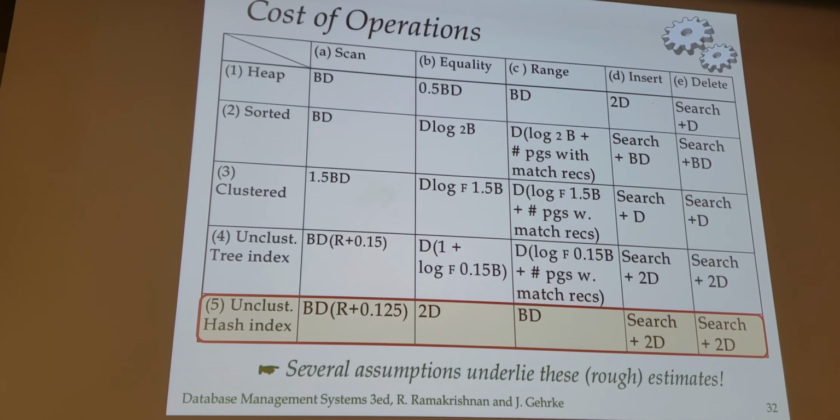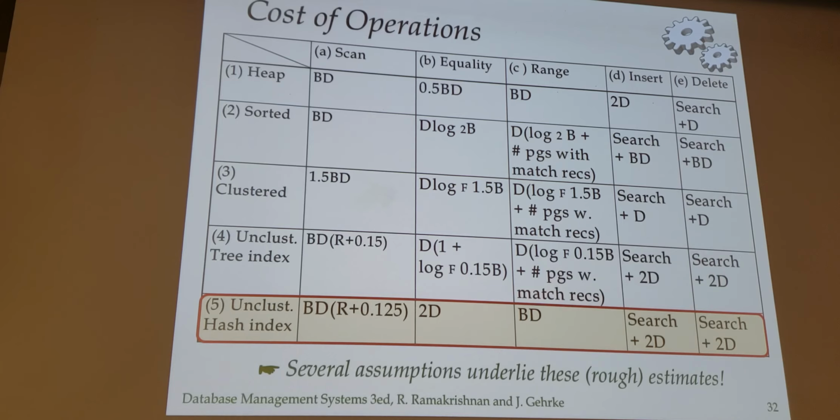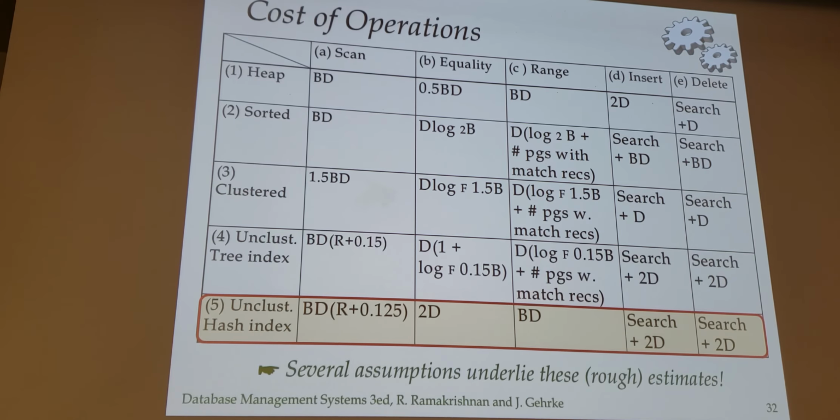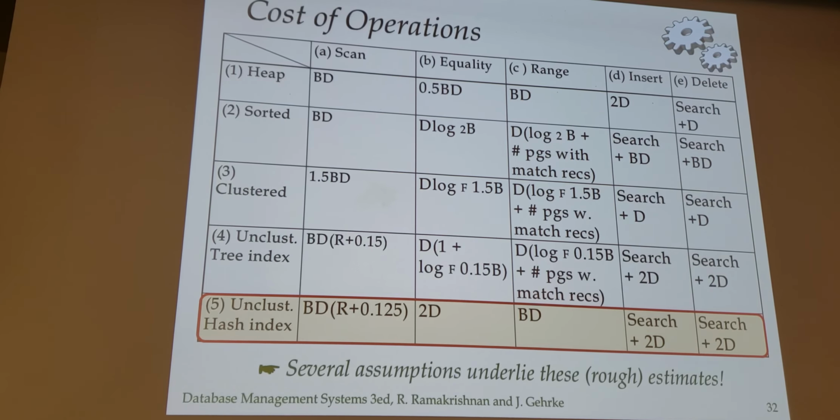Using the index to find all the records, I have to walk through all the hash buckets. And then once I have a particular record that's in a hash bucket, I have to actually get the data. Using the index doesn't give me the record. If I want the entire record, I have to not only find all the RIDs, I need to get all the records using the RIDs. That's where the addition comes from. It's getting all the RIDs, and then for each RID, getting the records.